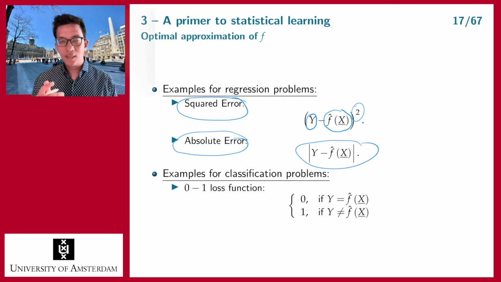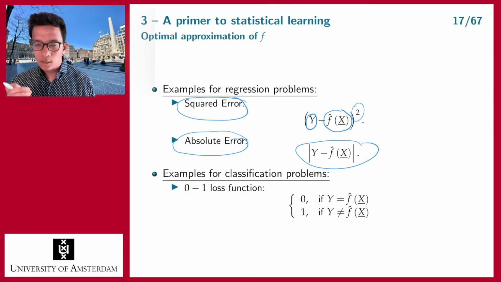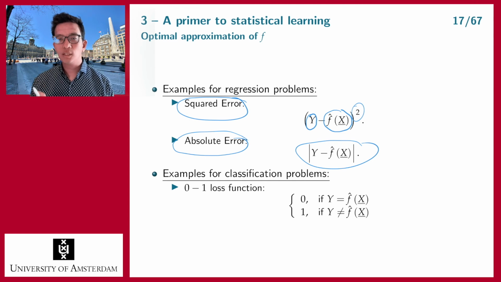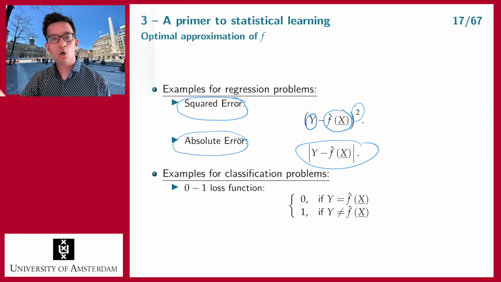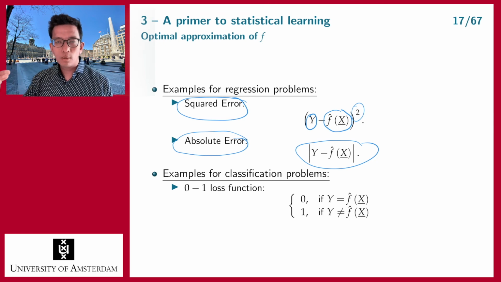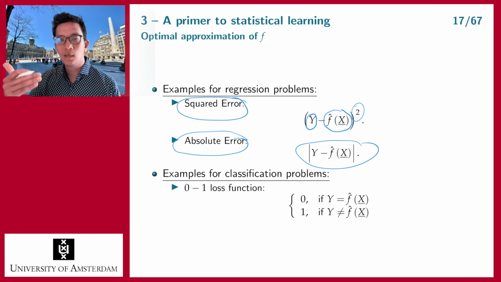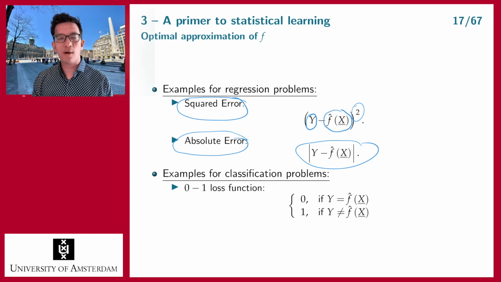If we have classification problems, we can also not use squared or absolute errors. If you do classification, y is a class, red, yellow, or blue. Then if the prediction f hat is different from the class, I cannot subtract these two. Y minus f hat in the case of classes is not defined.